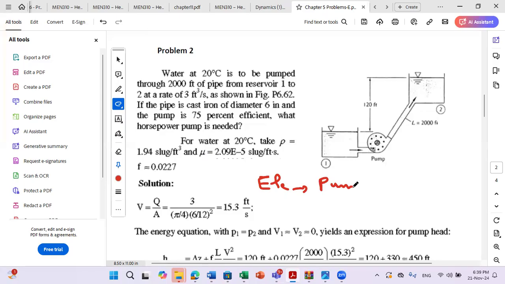In this case, depending on the type of pump, you have several types of pumps. Some are positive displacement pumps, where you can rely on alternative motion to create the variation in pressure.